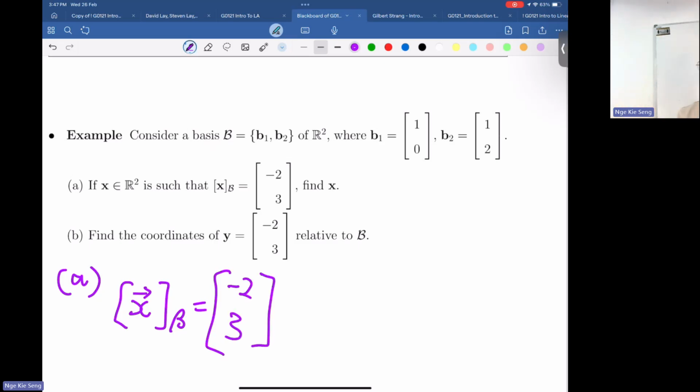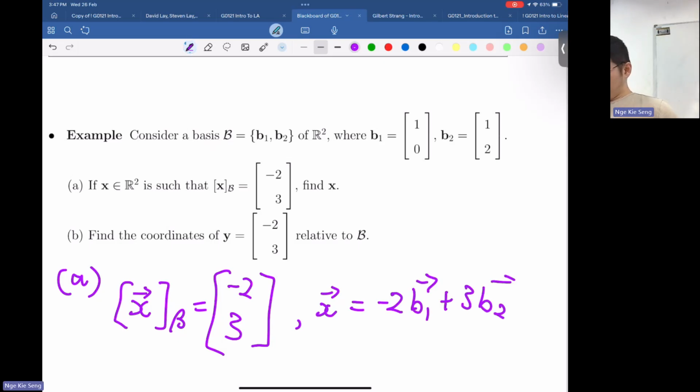This coordinate vector is the address for this vector living in the B basis. How to write it? It represents the scalars in front of b1 and b2. So negative 2 times b1 plus 3 times b2.